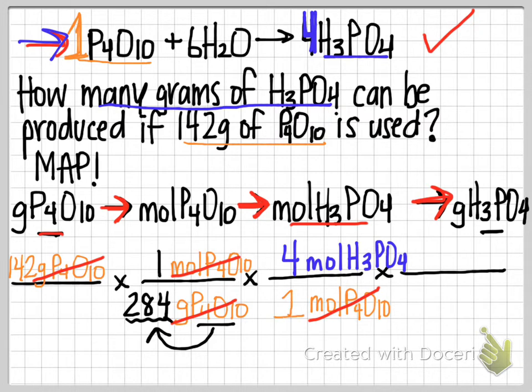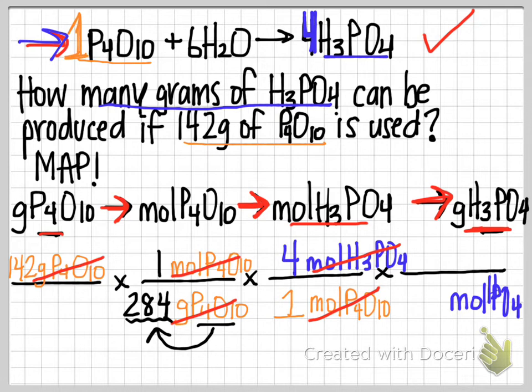Awesome. Now we got to keep going. We want to find grams H3PO4. So in order to cancel this out again, remember we need to write it at the bottom. H3PO4. It's a little messy.